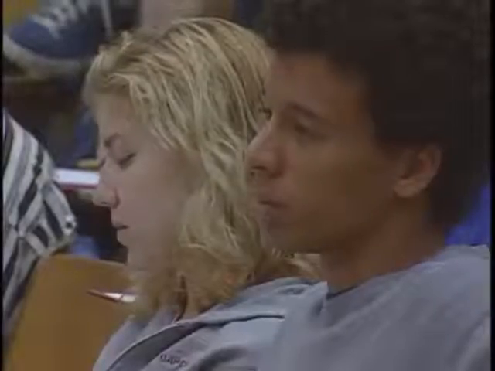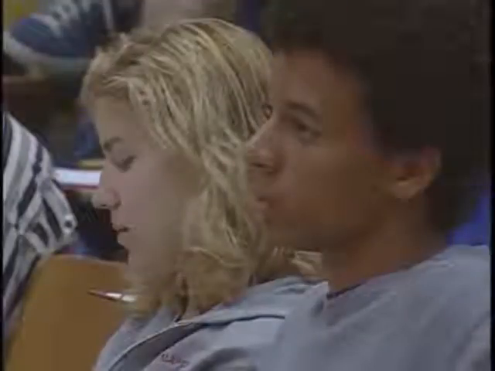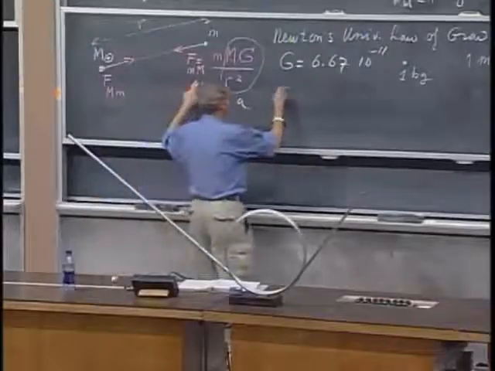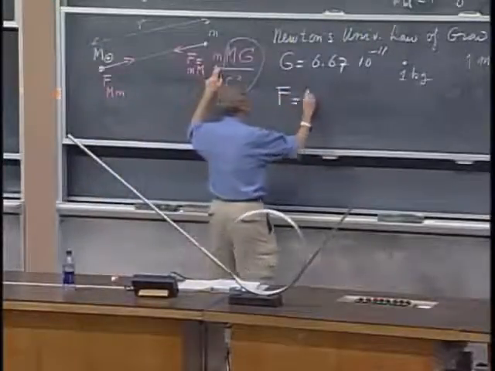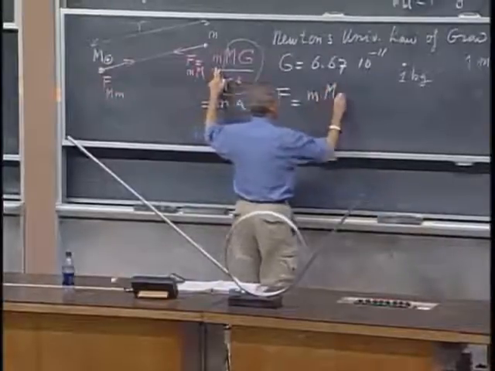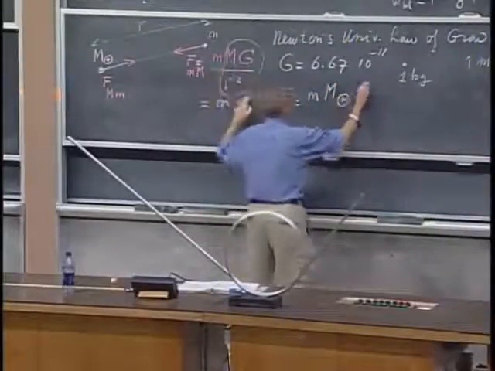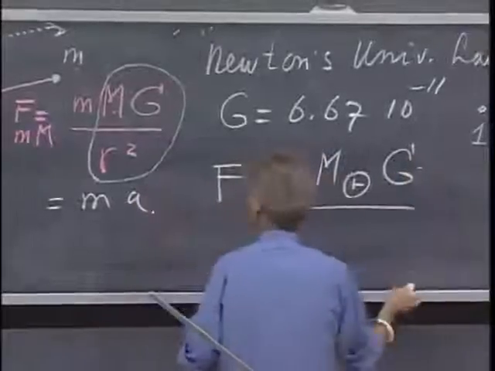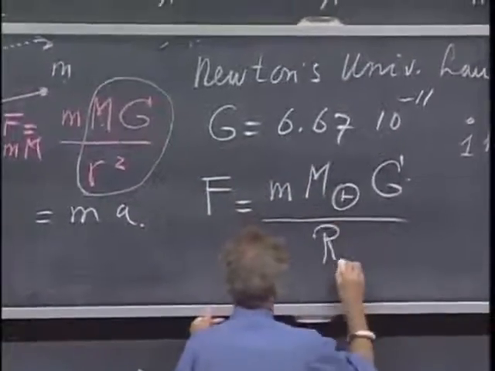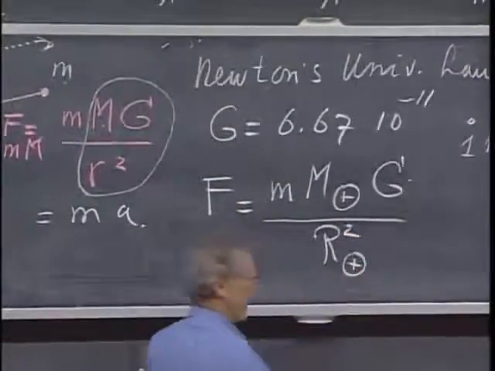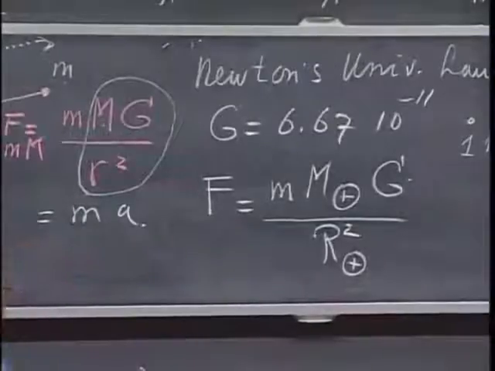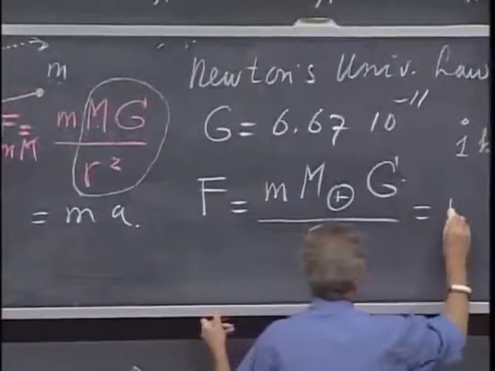If you are standing near the surface of the Earth, then of course the force that I will experience is my mass times the mass of the Earth times the gravitational constant divided by the radius of the Earth squared, just like we had here in 26.100, and so this must be mg.